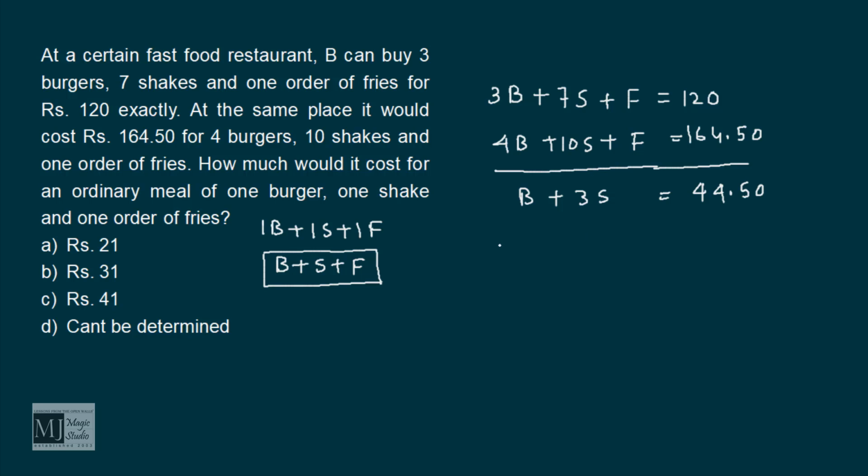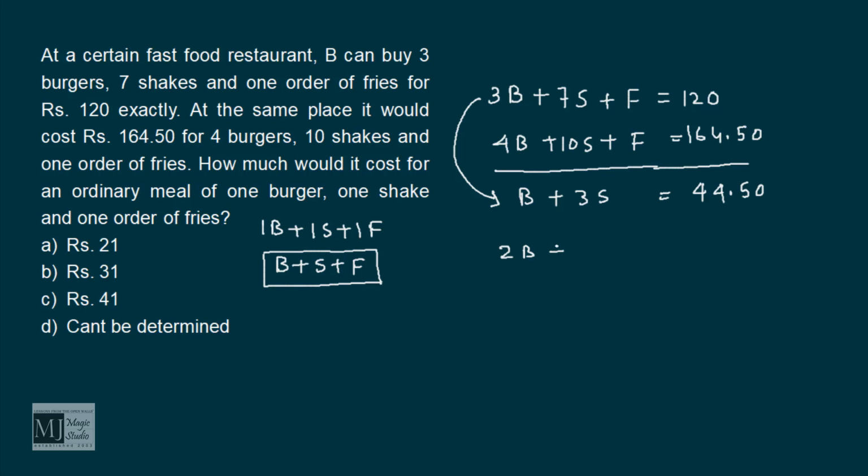Let me add them up. If I add them up, I'll have what? I need F. I need B. There is 3S already. If I deduct these two, let me cancel from this. Let me deduct this.